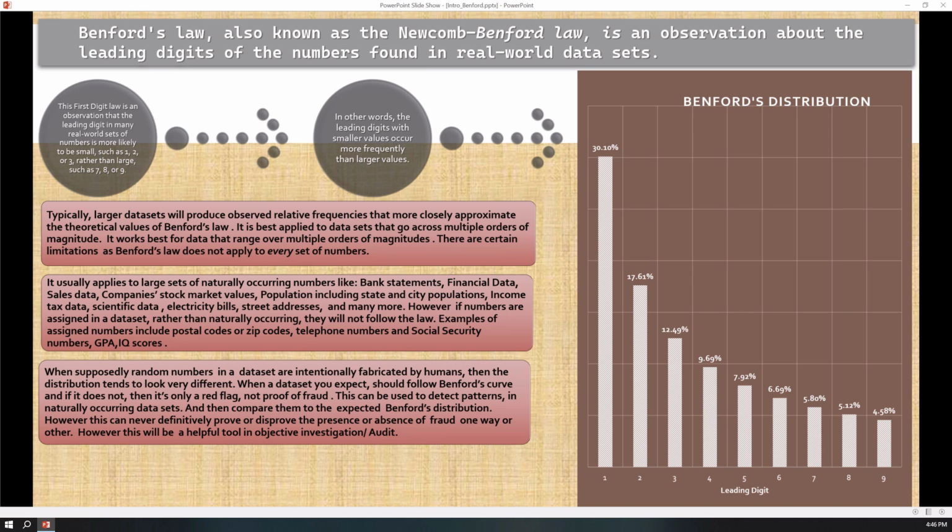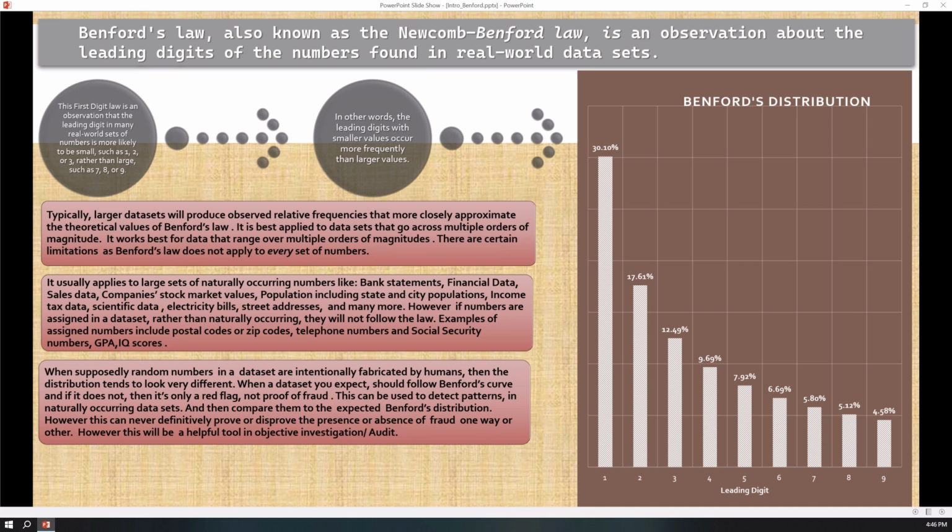So this is a helpful tool for auditors, right? But we have to keep an important note in mind: this will not prove or disprove, one way or the other, whether fraud is involved in a particular dataset. But again, it is a helpful tool.